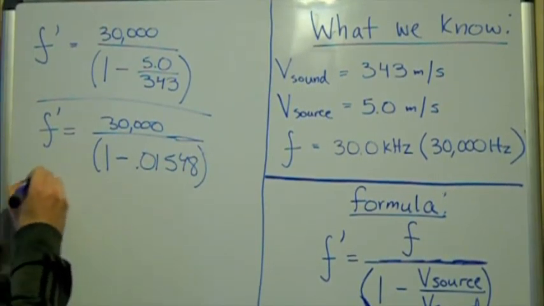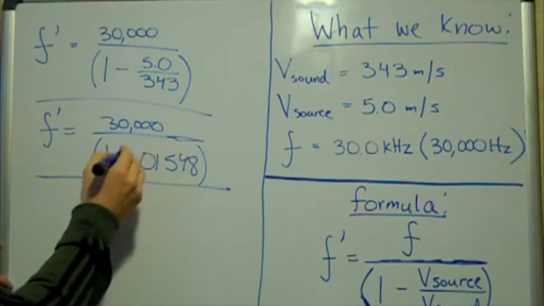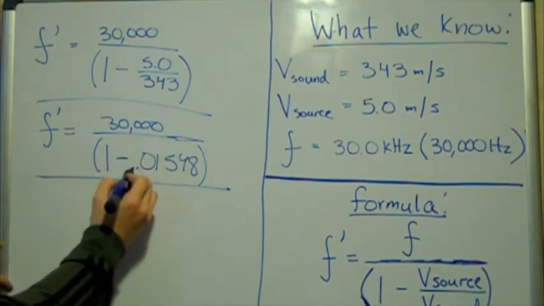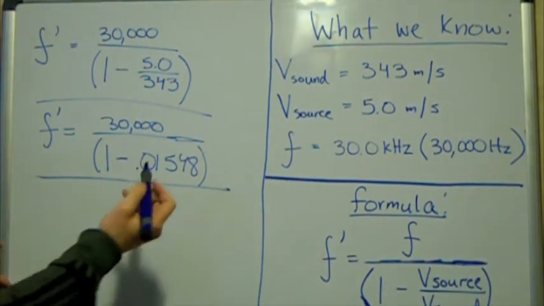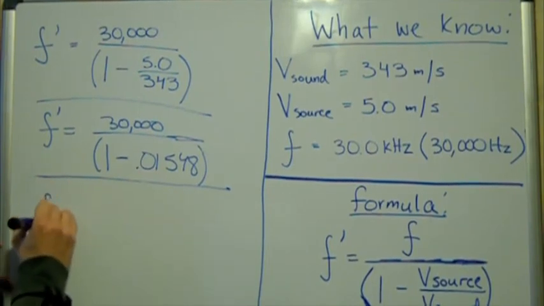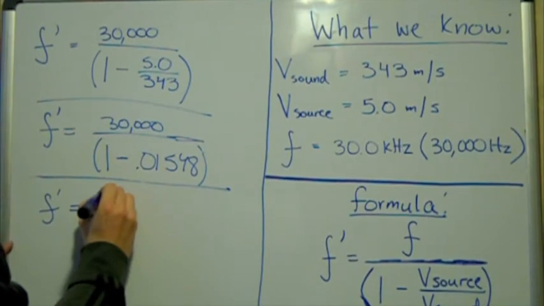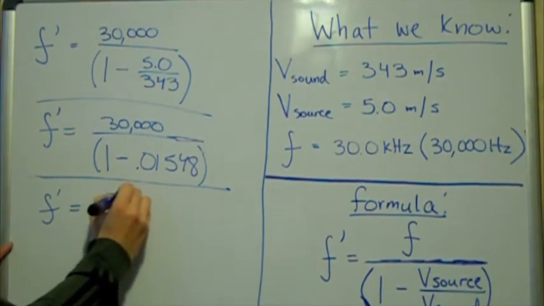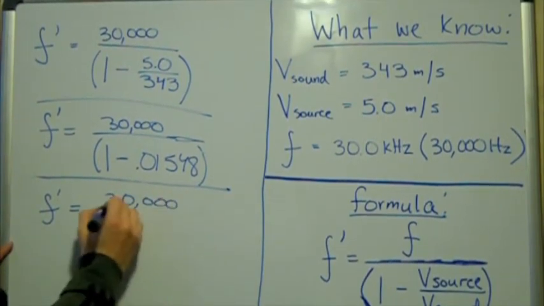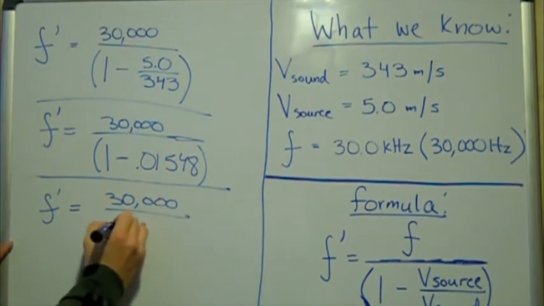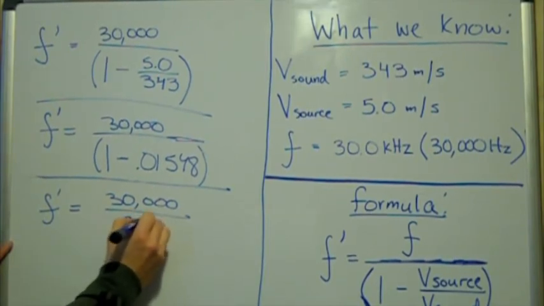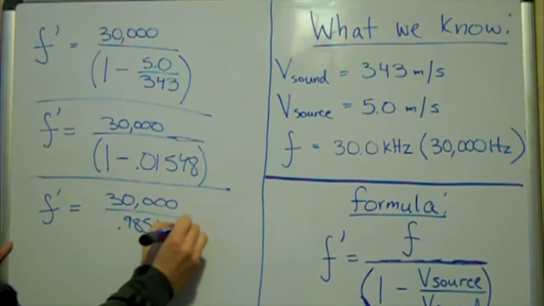Now, to go another step, we're going to want to take 1 minus this 0.01548. When we do that, our answer is going to start looking a little bit more simple, not so many numbers everywhere. So it's going to be 30,000 divided by 0.98542.